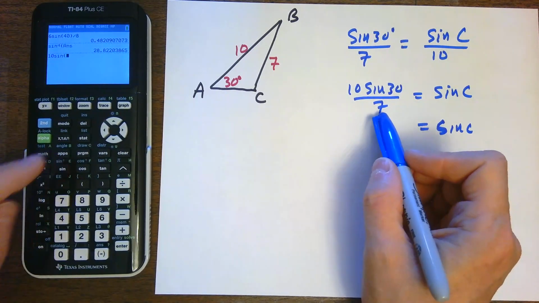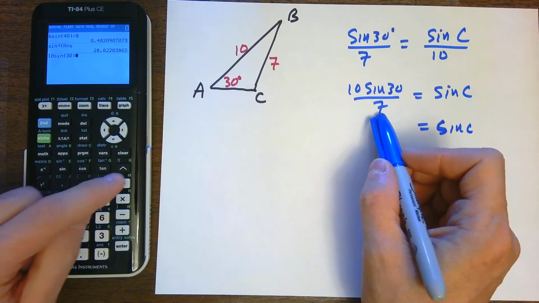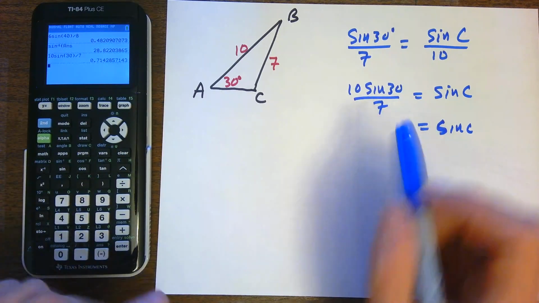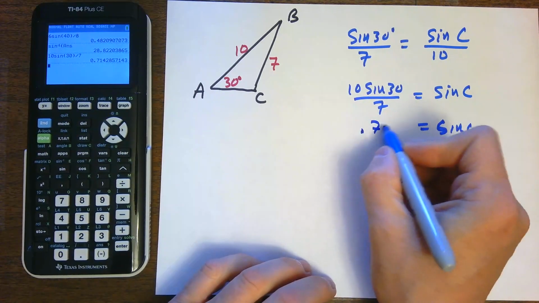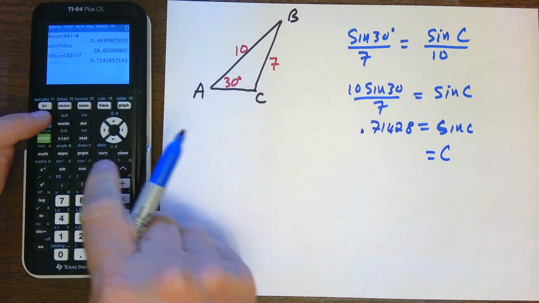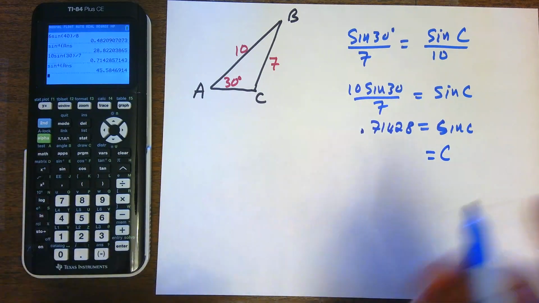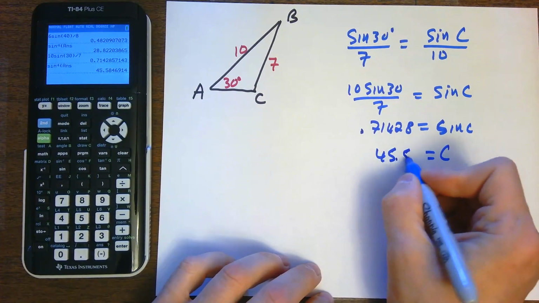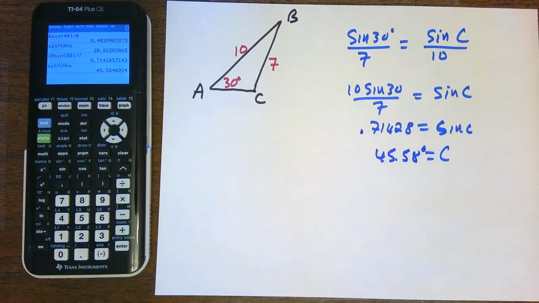So 10 times the sine of 30, close parentheses, divided by 7, gives me 0.71428 approximately. Take the inverse sine of that, and I get 45.58 degrees. That's one possibility.